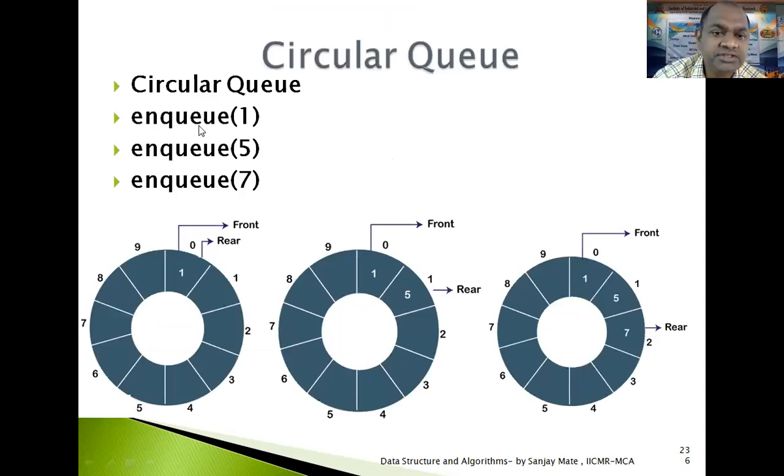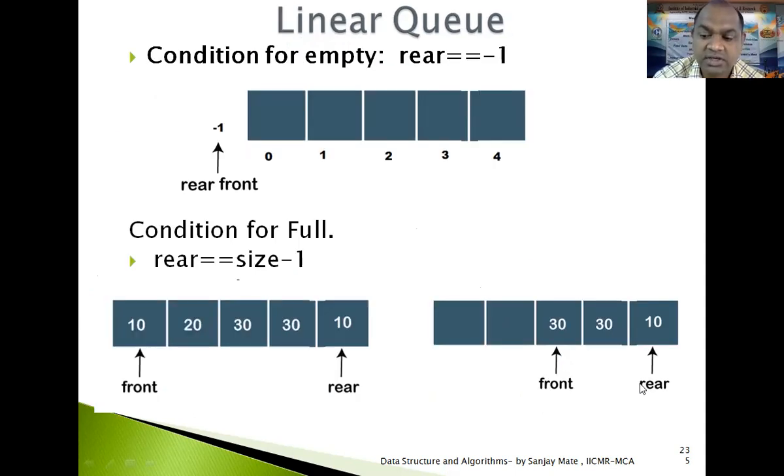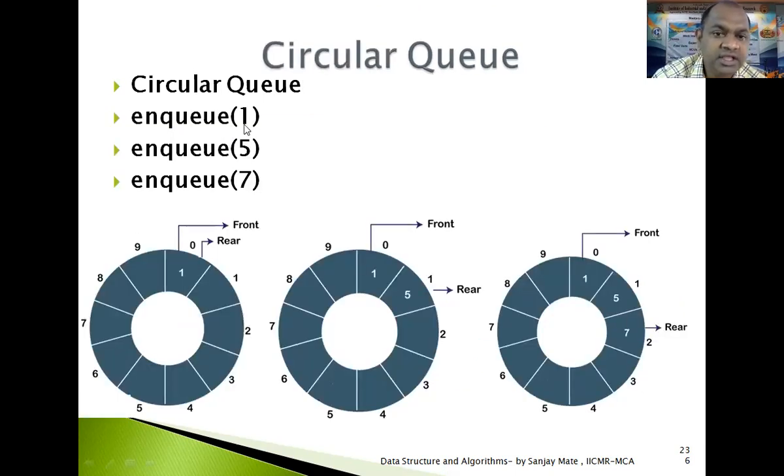Circular queue. In the circular queue, it is the same as the linear queue. Here also we have the enqueue and dequeue operations, but we have removed this particular drawback from the circular queue. See, if we insert with enQueue 1, 1 will be inserted.